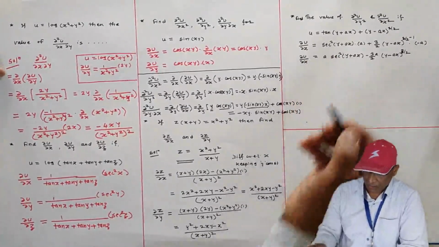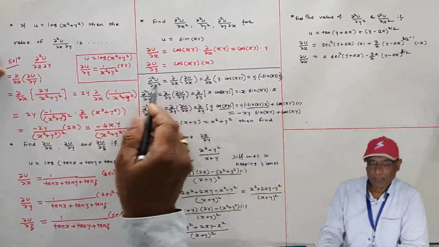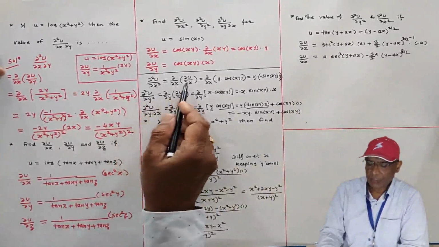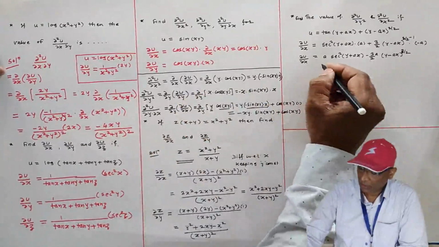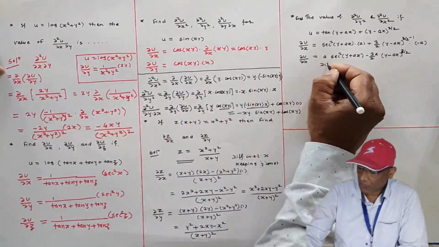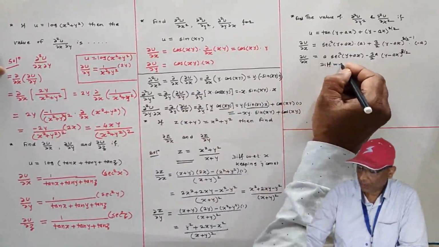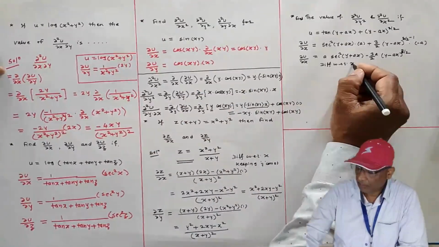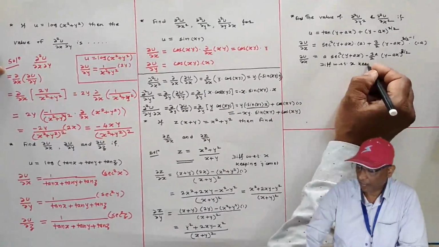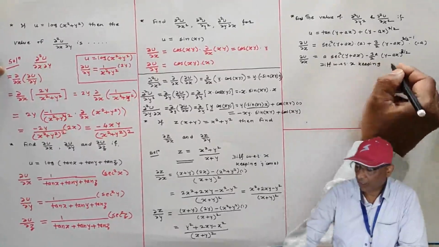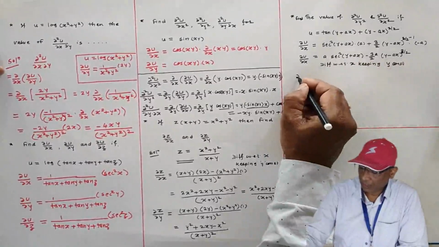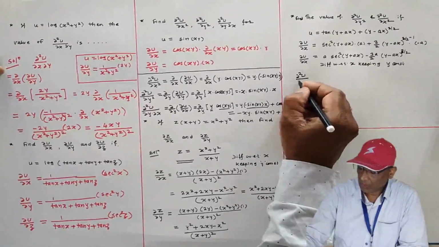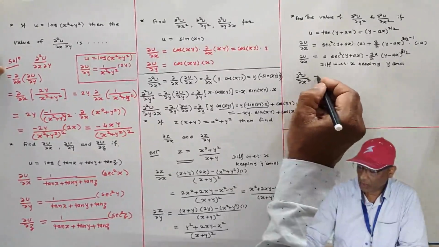Or in this way you can also split this double derivative and put down the value of del u by del x and go on solving. Or differentiate with respect to x keeping y constant, again keeping y constant. See, the derivative of del u by del x with respect to x is del 2 u by del x square.